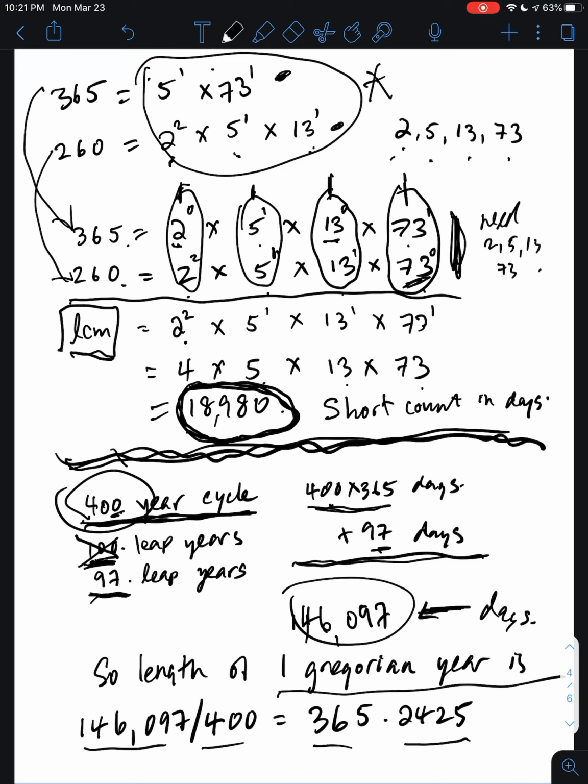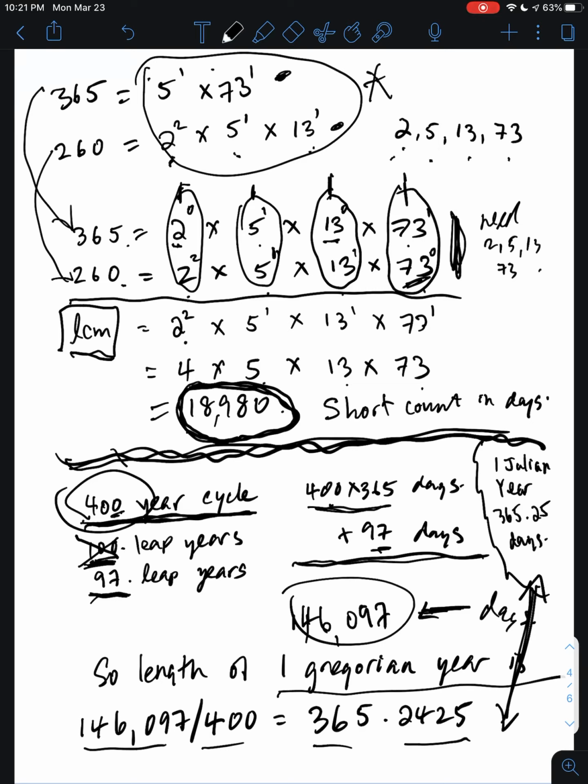So remember, off to the side here, I'm going to say one Julian year, the Julius Caesar calendar. One Julian year is 365.25 days. So you see there's a slight difference between these two.